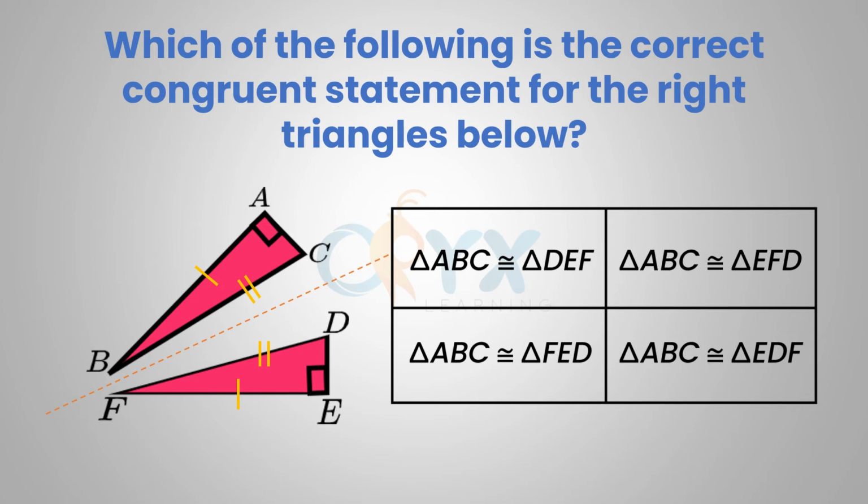So in this case, side AB, when reflected, would be congruent or corresponding to side EF. Side BC would be congruent or corresponding to side FD. Using this information, we can set up our congruent statement, which would be triangle ABC is congruent to triangle EFD. This is the second answer shown.